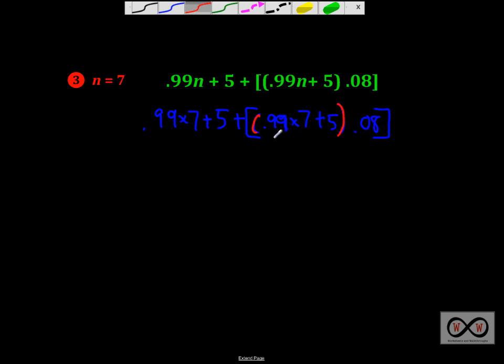That's in here before we multiply by the tax rate. All right, so now we've got 99 times 7. Okay, so 9 times 7 is 63. 9 times 7 is 63 again, plus 6, 69.